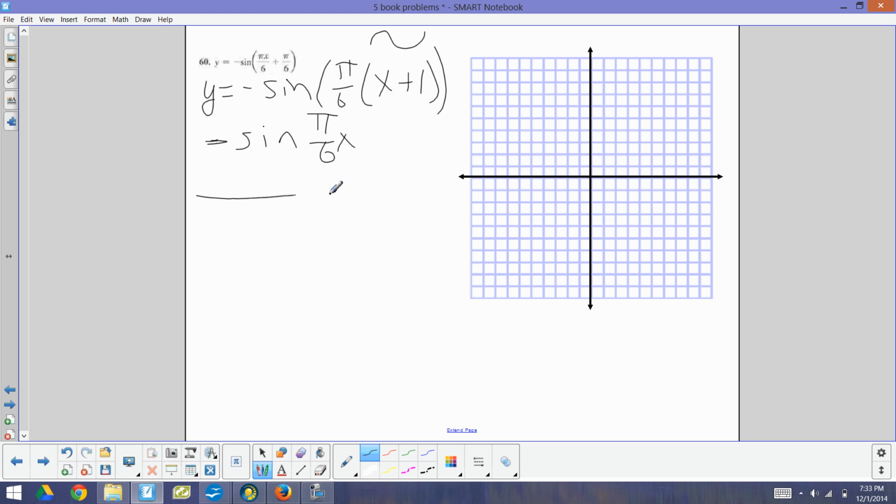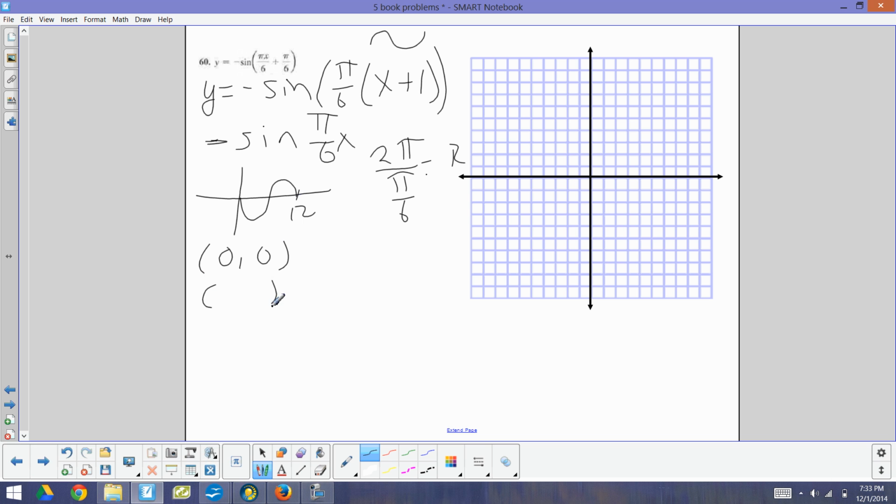So the sine graph looks something like this. Okay? Period is 2 pi over b. So your period is 12. So this point is 12 out. It's at 12, 0.